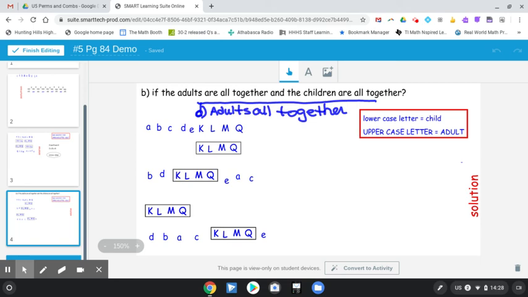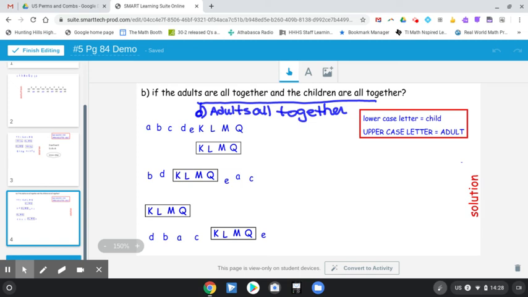Now remember, what that means is that we're considering that group of adults to be one element. But within this one element, you've got these 4 adults, and those 4 adults don't have to be in this order. Those 4 adults could be in any order.